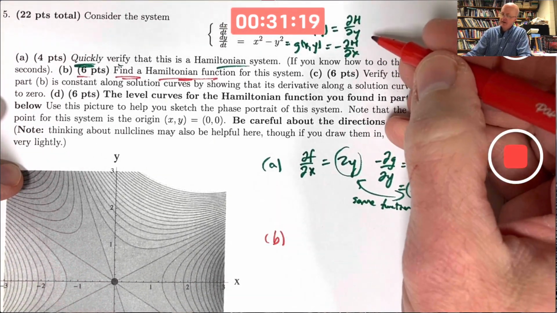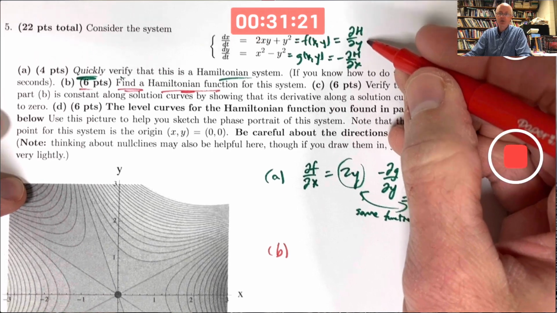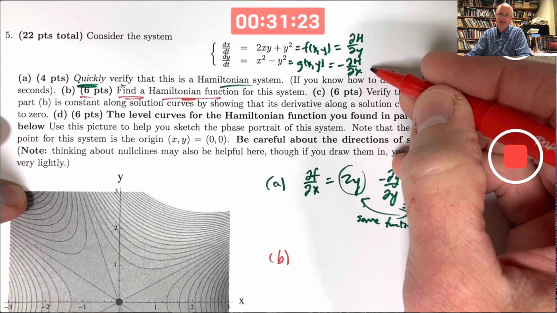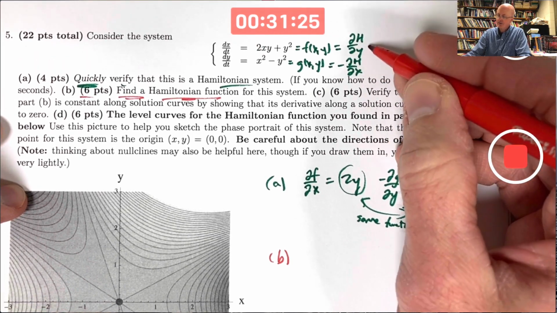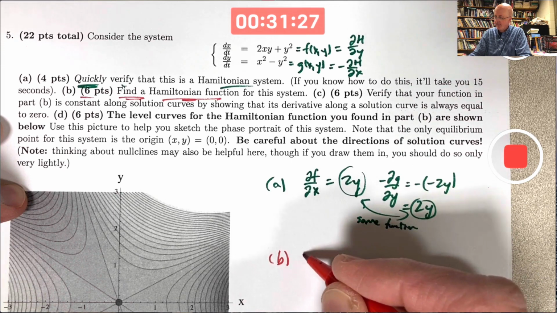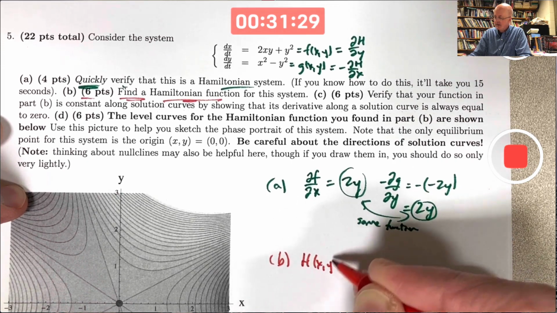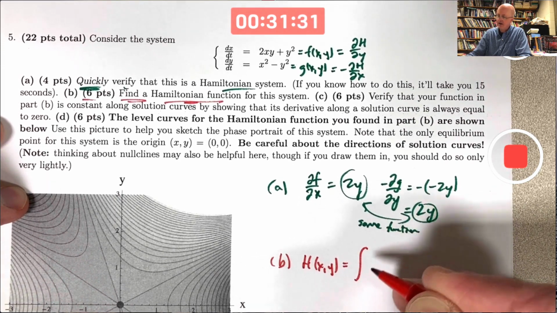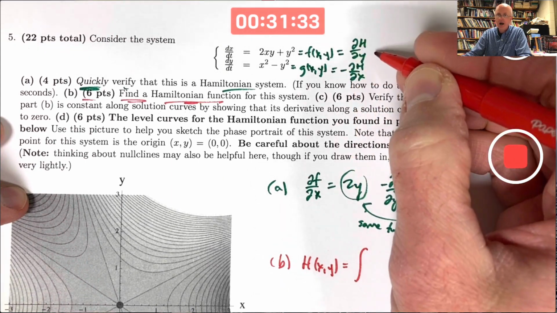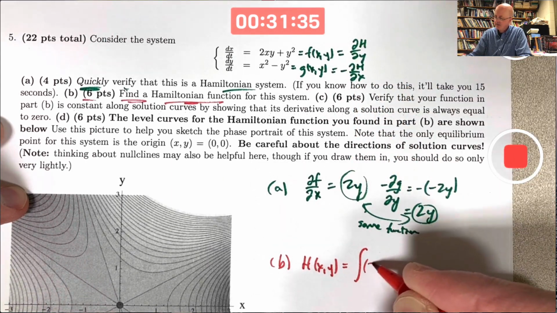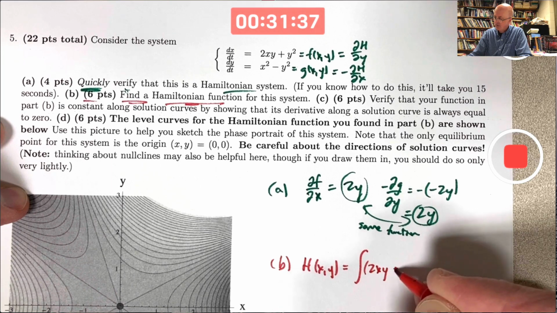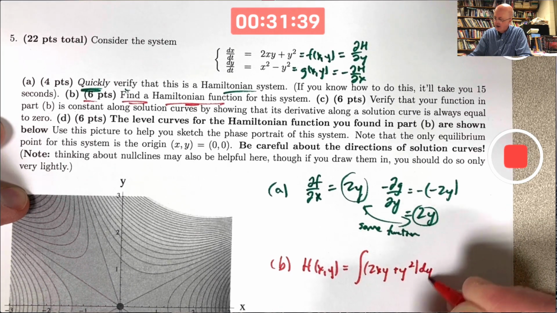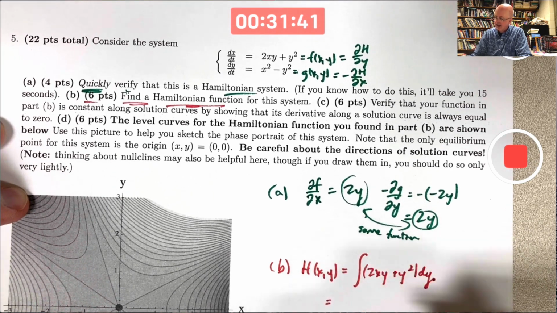You could approach it by either first integrating this expression with respect to y or this one with respect to x and then negating it. Let's do this one with respect to y first. The h function can be written as the integral of the f function with respect to y. So it's the integral of 2xy plus y squared with respect to y. Treat x as a constant.